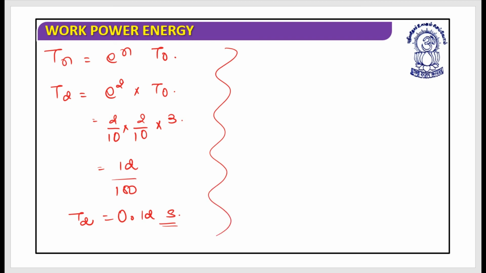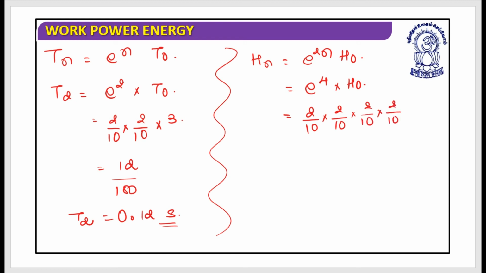And one more thing, the h max after the second bounce. This is equal to e to the power 2n into h naught. So this is e to the power 4 into h naught. E to the power 4 is 2 by 10 into 2 by 10 into 2 by 10 into 2 by 10 multiplied by h naught. This maximum height, what was it?